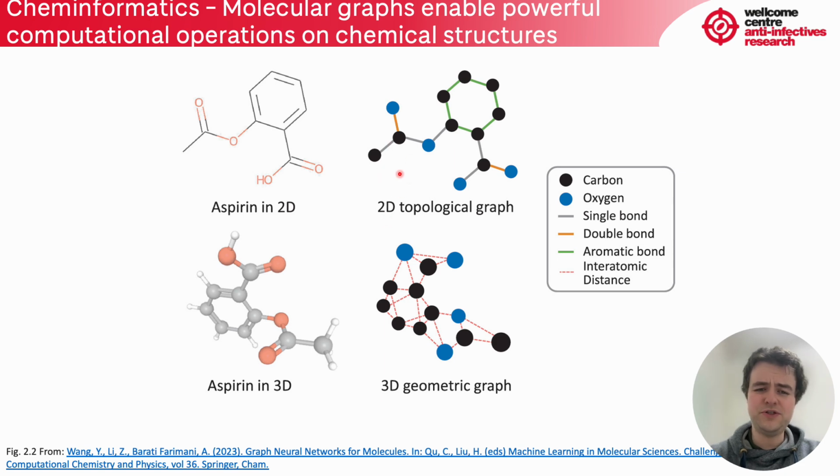So the 2D topological graph is actually quite a rich structure. So we can see here that we have nodes, and we have edges, and we have different colored nodes. These are different atoms, and then we have different colored edges, and each edge then encompasses a different bond type.